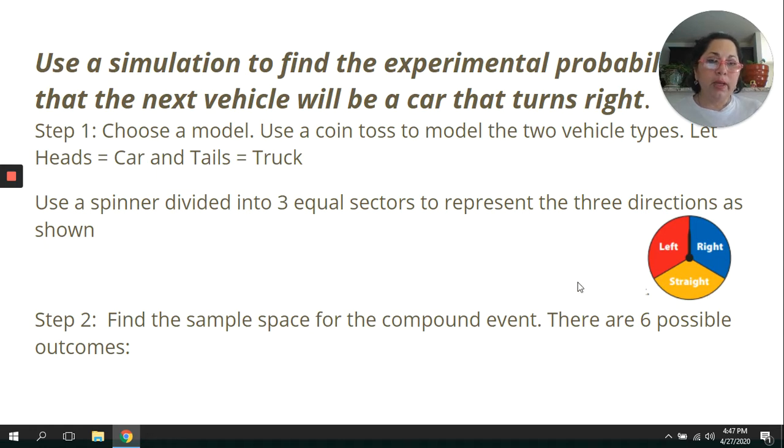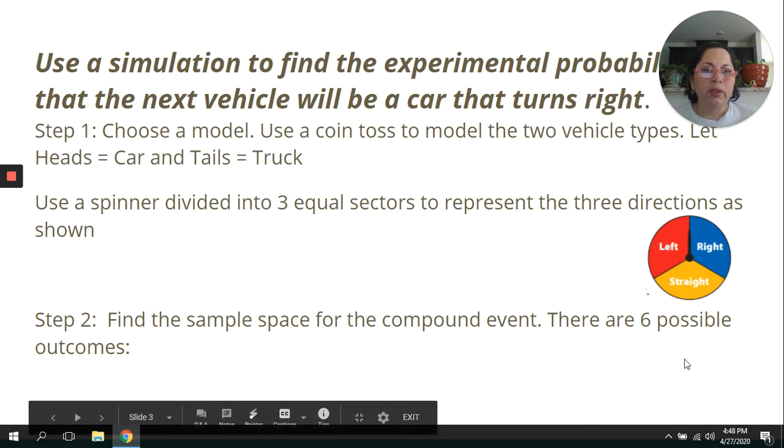Step 2, so we have our 2 models. We have the coin and we have the spinner. Find the sample space for the compound event. There are 6 possible outcomes. So if you have a car, the car can go left, right, or straight, and the truck can go left, right, or straight.